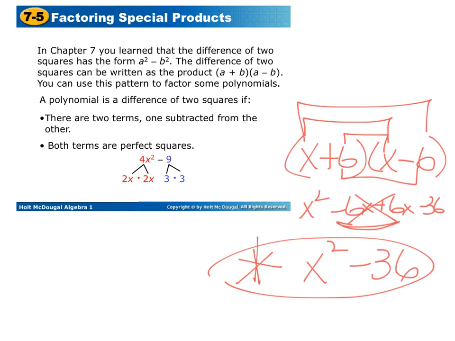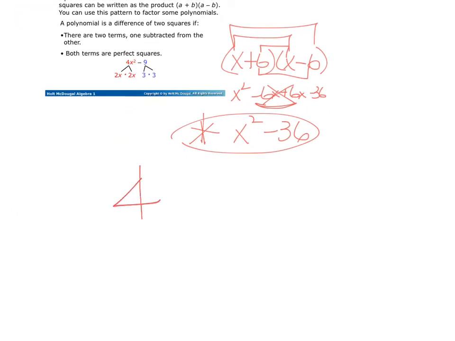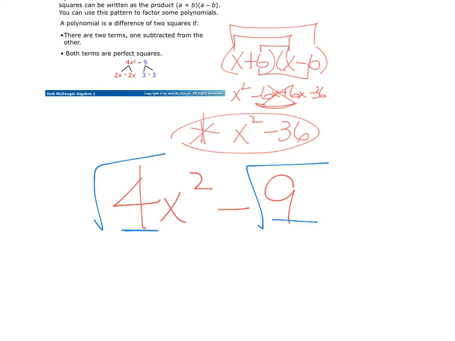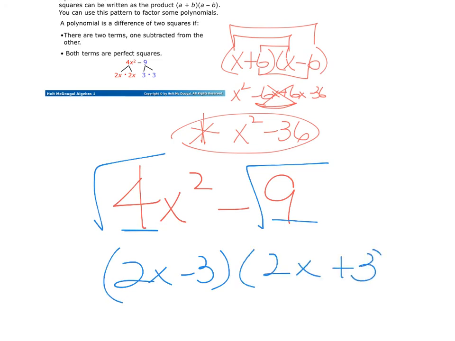Let me look at another example. For example, 4x squared minus 9. Notice it's a binomial, and both the 4 and the 9 are perfect squares. So I'm going to square root this, square root this. My answer will be 2x minus 3 and 2x plus 3.